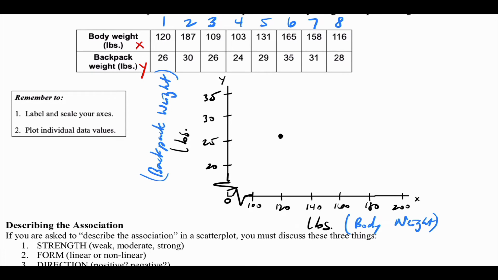That represents the first person. And I'm going to do that for the others. 187, 30. So 187 is almost halfway between 180 and 200, and 30 is right there. All right, 187 is right about there, and 30 is right about there, so that's where they meet. Okay, next person, 109 and 26.